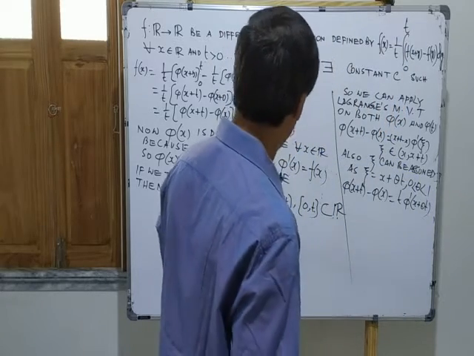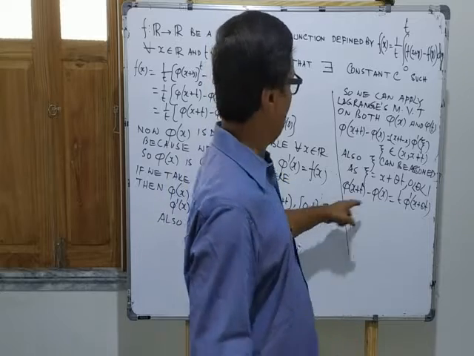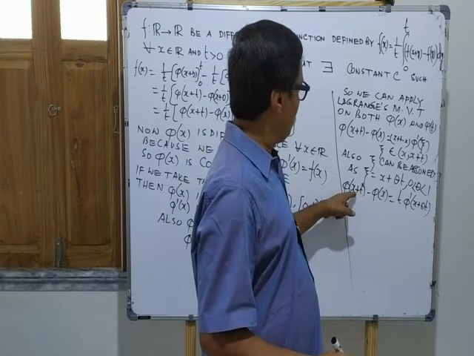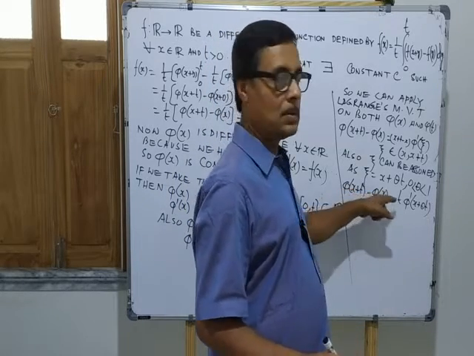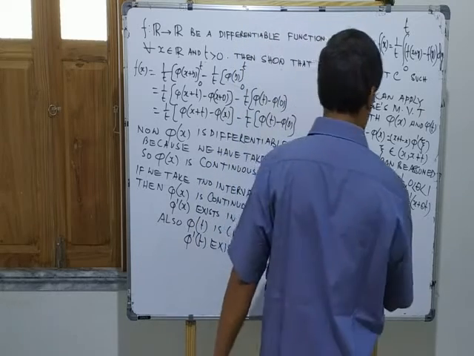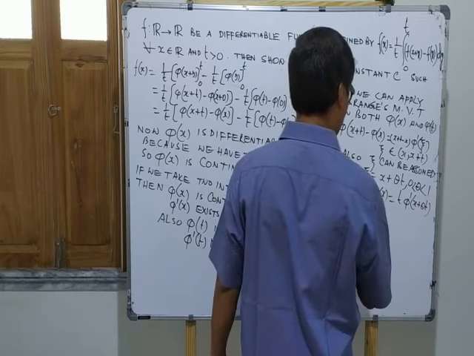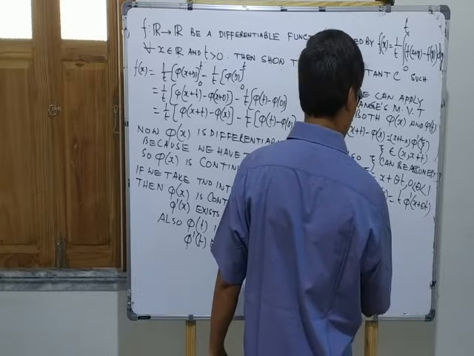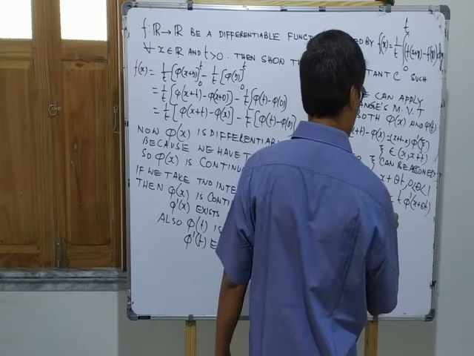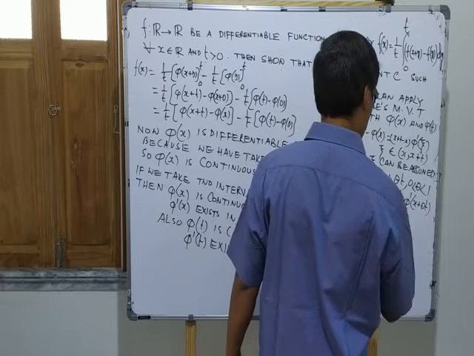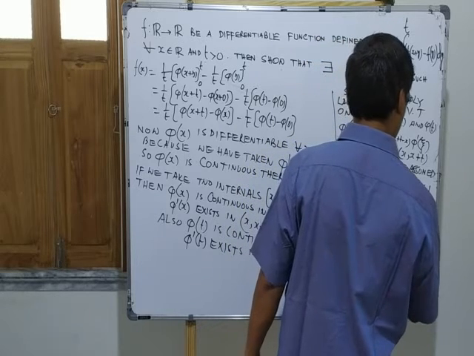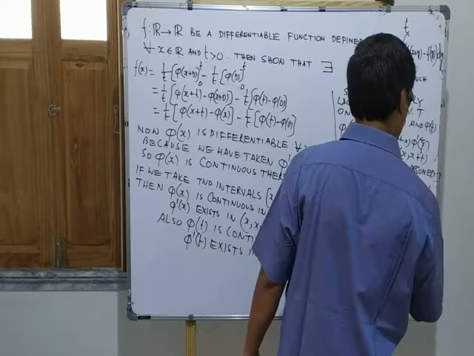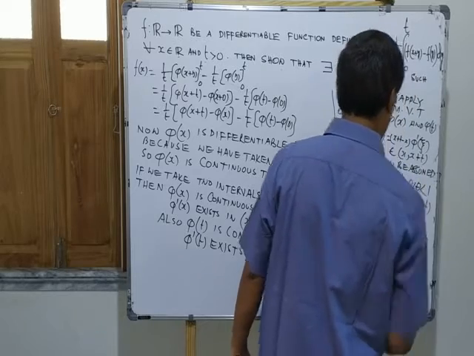Also phi t minus phi 0 we can get from this relation if we put x equal to 0. If x equal to 0, phi of t minus phi of 0 equals t phi dot theta t.